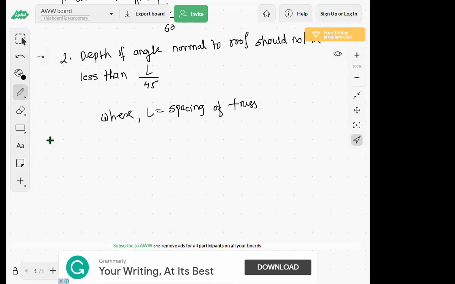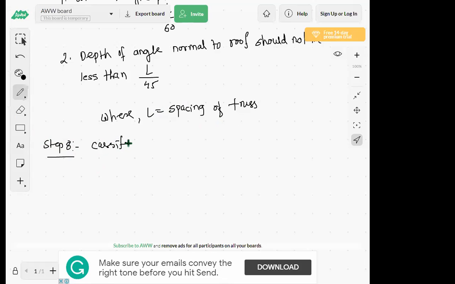So the next step, number 8, is classify the section.